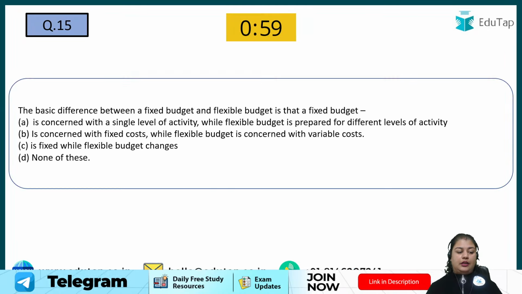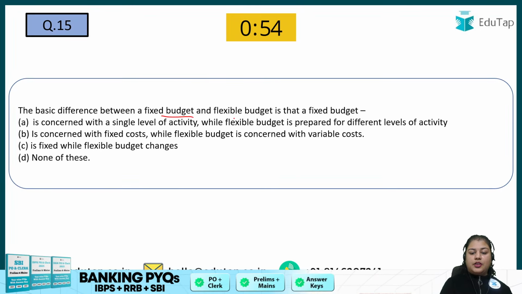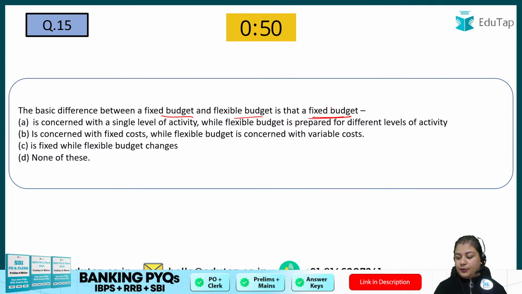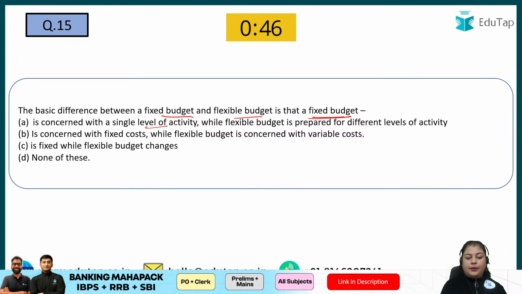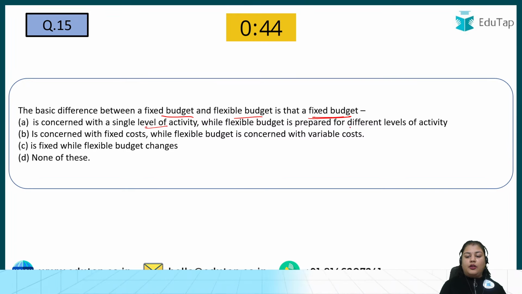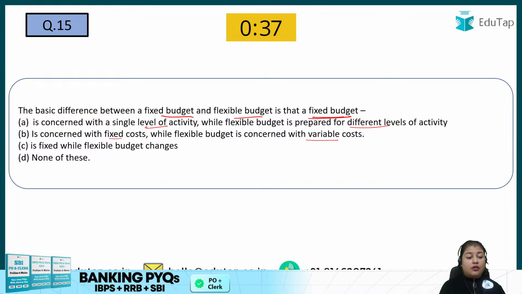Question number 15. The basic difference between a fixed budget and a flexible budget is that a fixed budget is, please read the statements very carefully, A, concerned with a single level of activity, while flexible budget is prepared for different levels of activity. B, it is concerned with fixed cost, while flexible budget is concerned with variable cost.